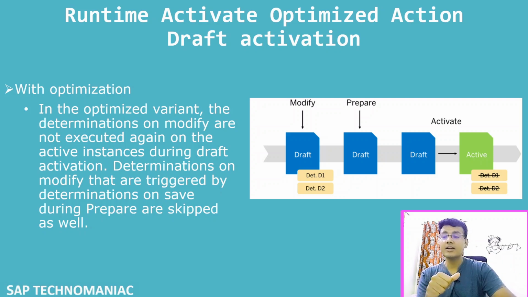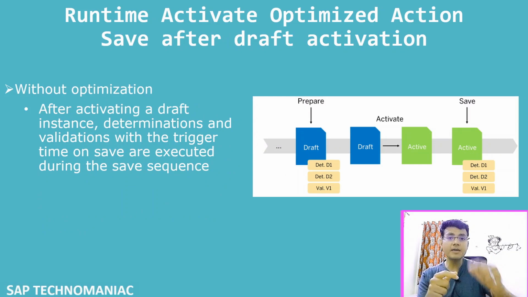Second thing, determinations and validations can be called during the save sequence as well. Whenever we are working with the draft, whatever determinations and validations we have defined on the save will be called during the prepare phase, the prepare action. We have something called the prepare action.